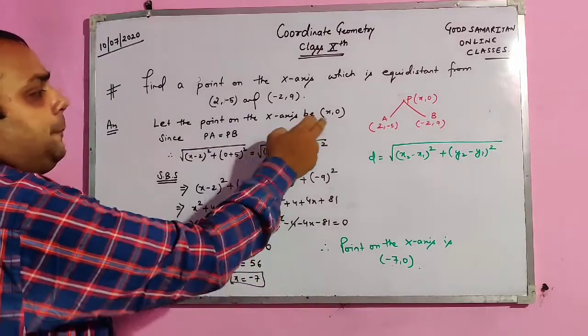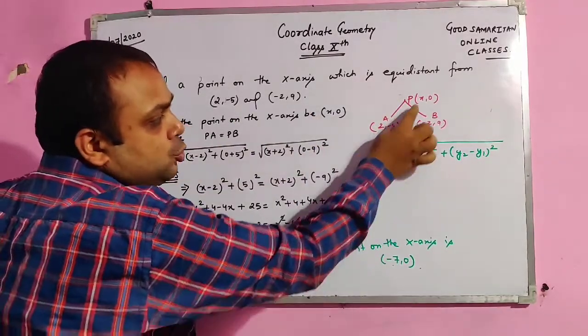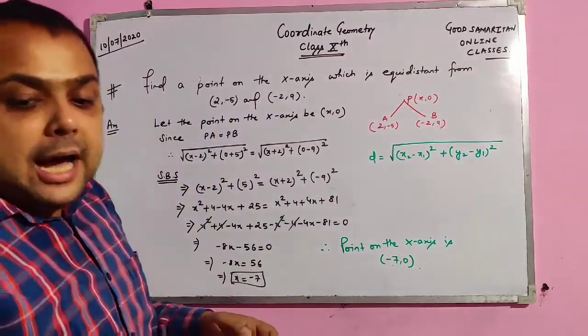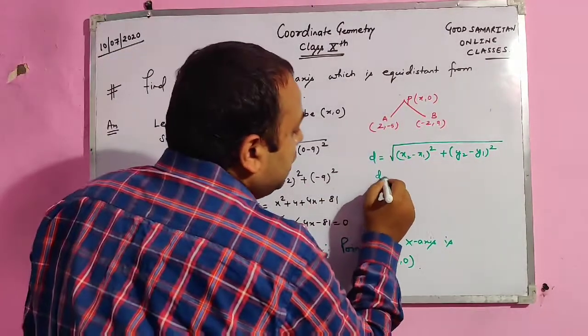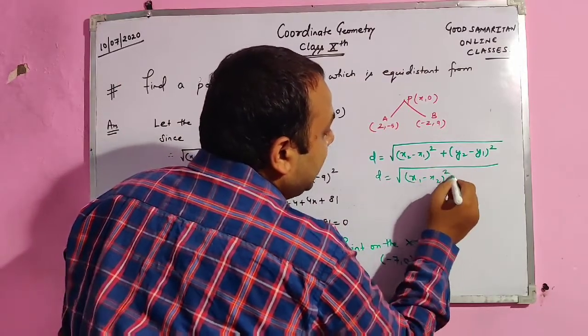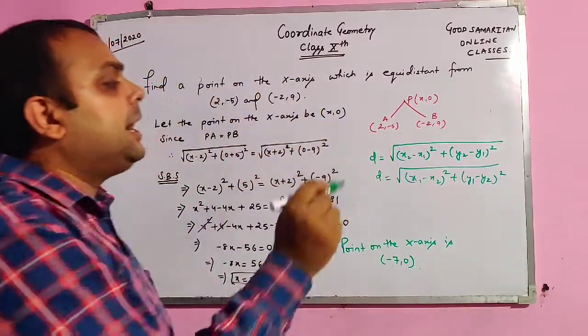Then the distance of P and A can be calculated using the distance formula x2 minus x1, y2 minus y1, or I can write this formula also, x1 minus x2 whole square plus y1 minus y2 whole square. Both the formulas are the same.